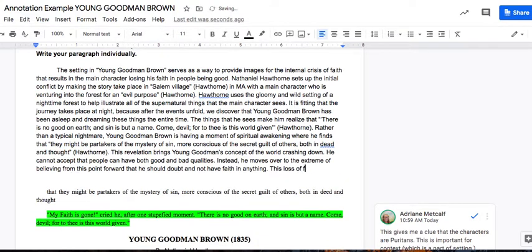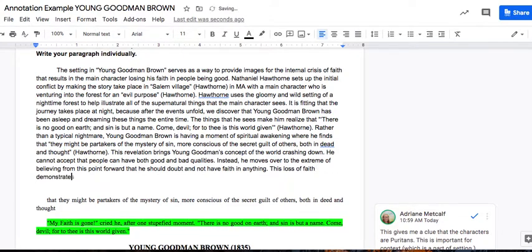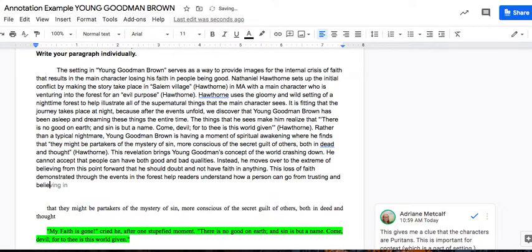This loss of faith demonstrated through the events in the forest help readers understand how a person can go from trusting and believing in a higher power to losing their faith in humanity literally overnight.